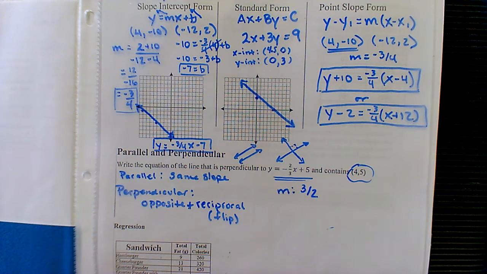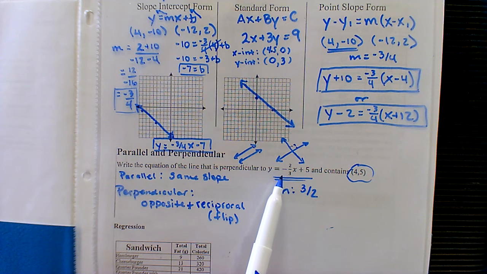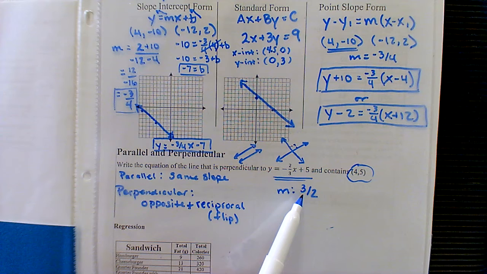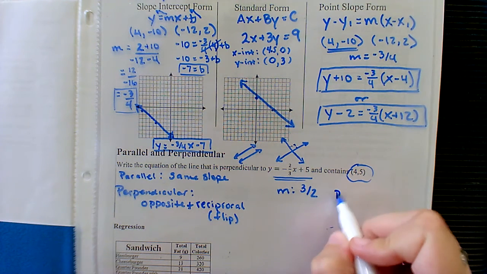Can we figure out the slope we need to use if we want our new line to be perpendicular to this one? What do you think, Ashlyn? Positive 3 over 2. All right, so if you identify the slope in the equation they give you, negative 2/3, we need the opposite and reciprocal of that. So notice how this slope is negative. That means ours has to be positive. If this one is 2/3, then ours has to be 3/2. Okay, we flip it. So there's the slope of our new equation.